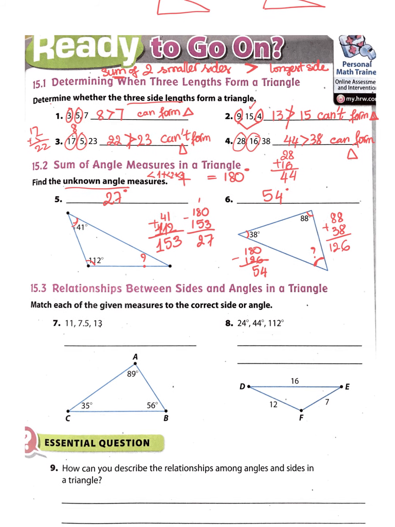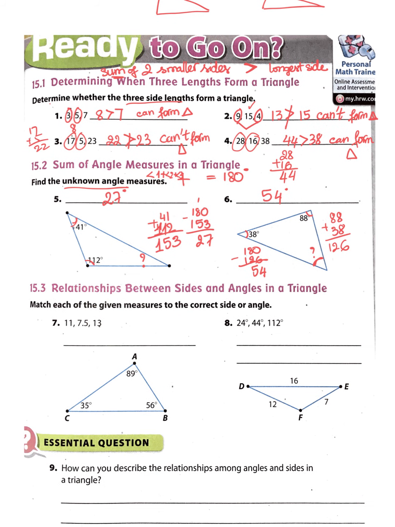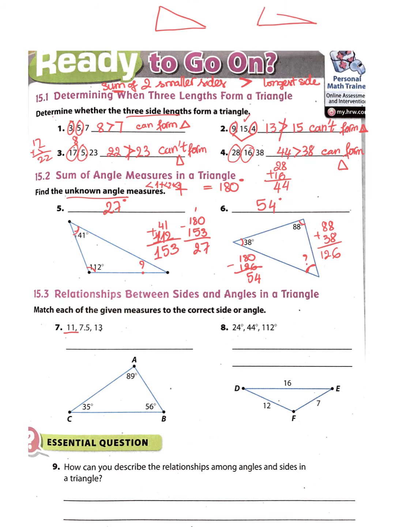Next one will be the relationship between the sides and angles of a triangle. Match each of the given measures to the correct side or angle. So for number 7, they give you the side lengths 11, 7.5, and 13. Your job is to place the numbers onto a triangle.